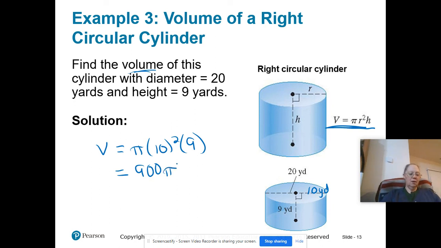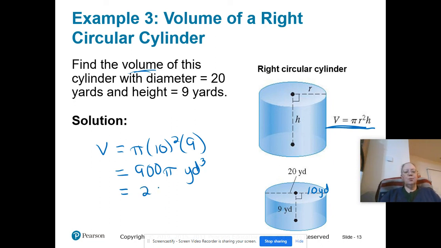pi. If they say give the exact answer, this is what they want. If they say give the exact answer, or write it in terms of pi, you would stop here with yards cubed and you would be done. But if they want it rounded to the nearest one decimal place, then we would use the pi button on your calculator.